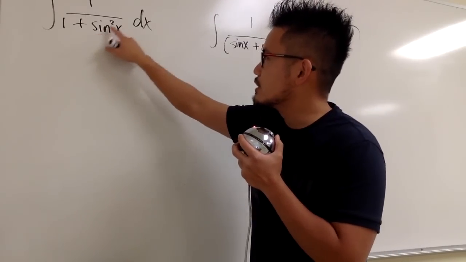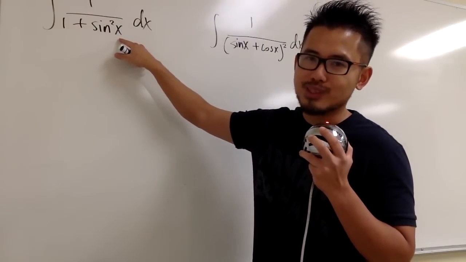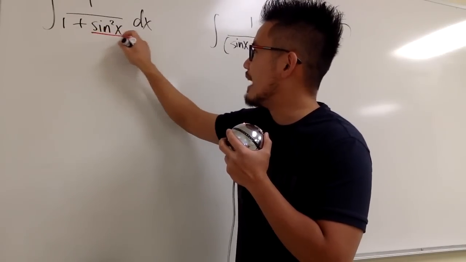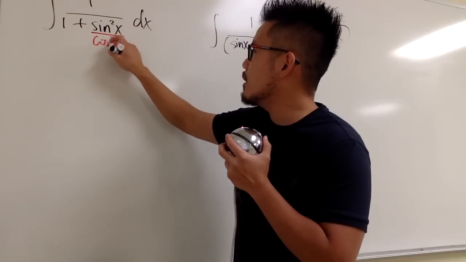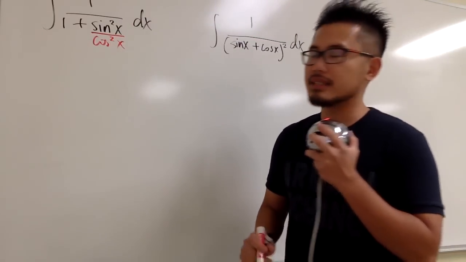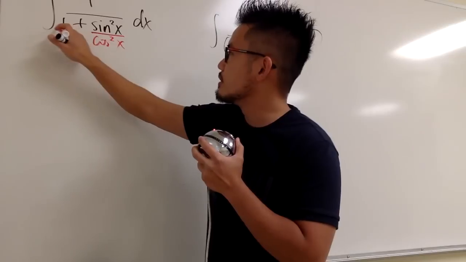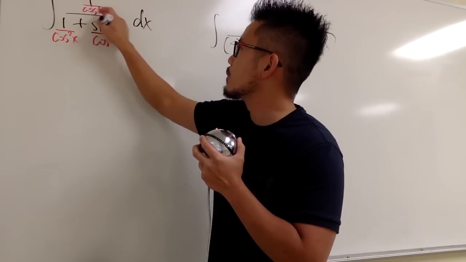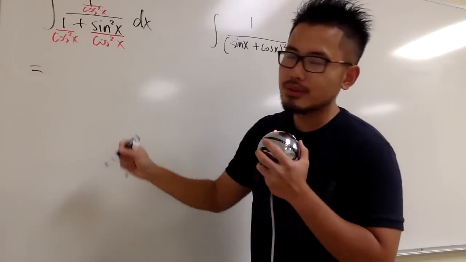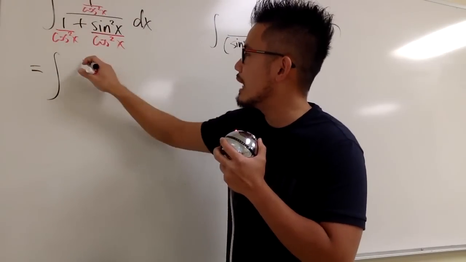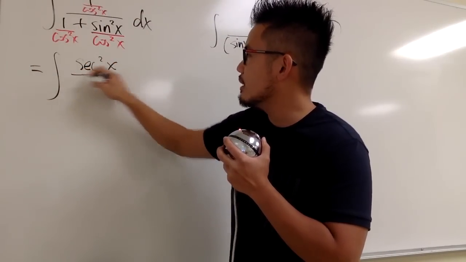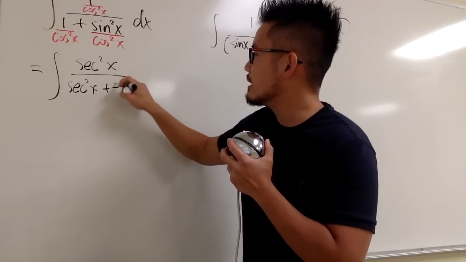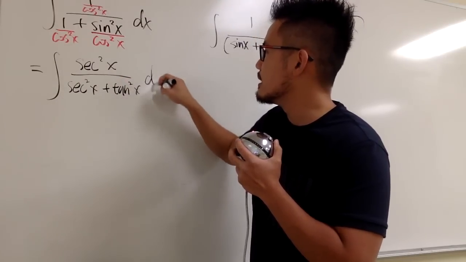Well, here we have sine squared x already, and we know sine x over cosine x is tangent x. But this is the second power, so let's divide by cosine squared x to match the power. We do the same right here and right there. On the top, we have secant squared x over, this is also secant squared x, and that's going to be tangent squared x dx.